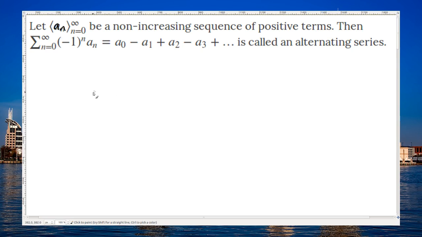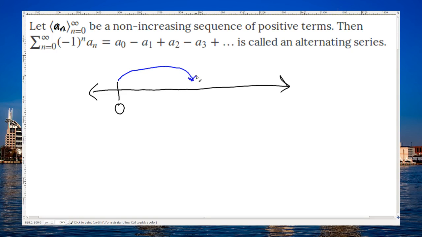So let's take a look at what that partial sum sequence would look like on the number line. So here's 0 on my number line, and what we could do is see this as addition, then subtraction. So first, here's my addition. So I'm adding a_0, and if I add a_0 to 0, that's just going to be the first term in my partial sum sequence.